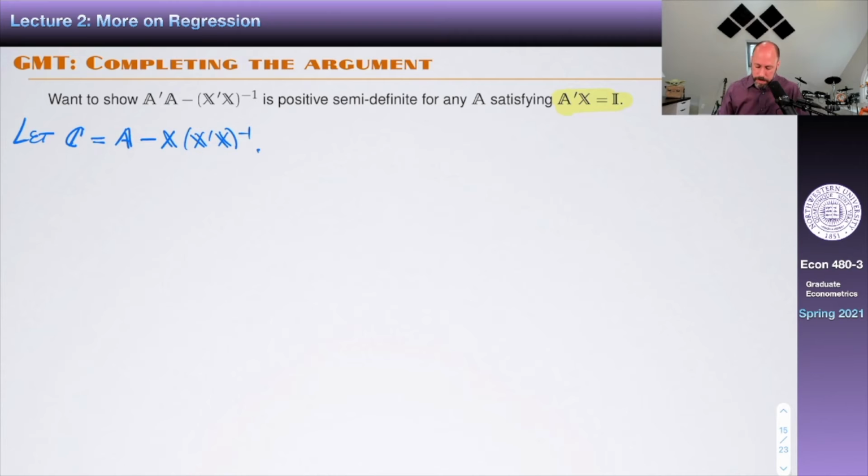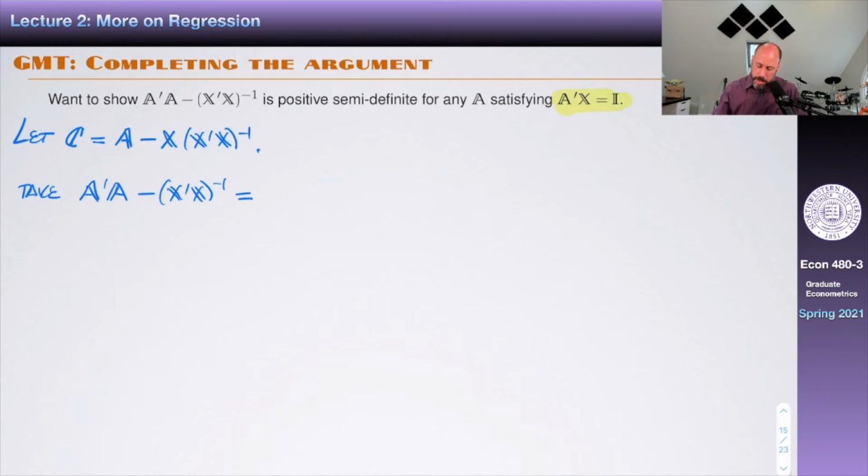Now take what we want to show, a prime a minus x prime x inverse, and replace A with this expression.